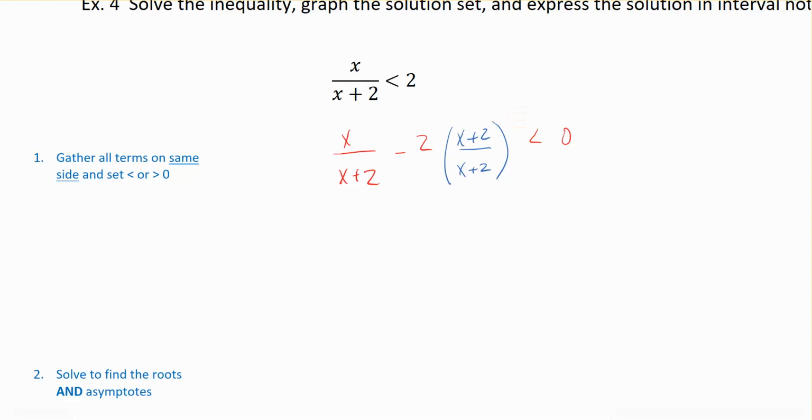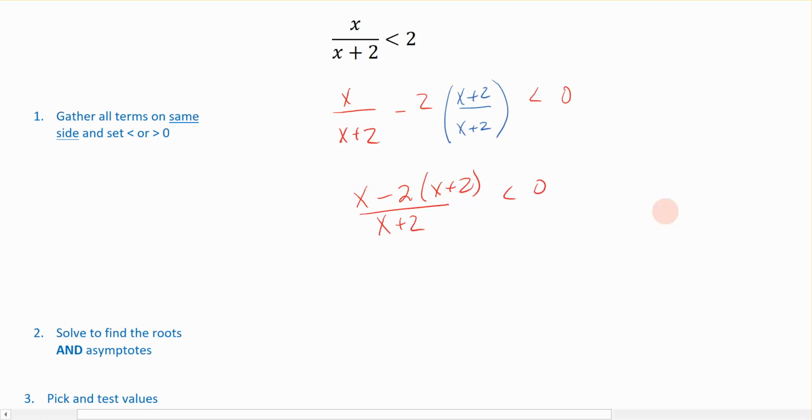That's going to give me then this single denominator, x plus 2, because remember that when you add or subtract fractions, the denominator is going to stay the same. We're actually just adding or subtracting the numerators and sticking them over that common denominator of x plus 2. So the numerator is x minus 2 times x plus 2, less than 0.